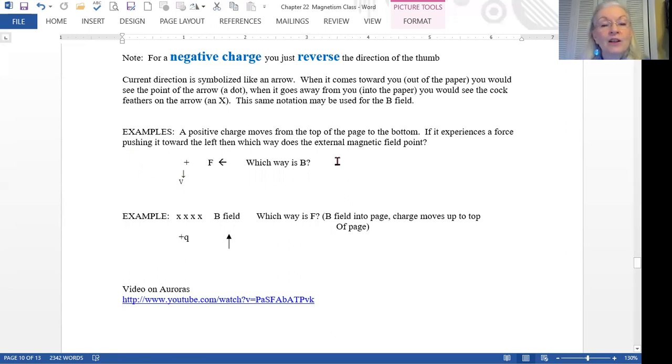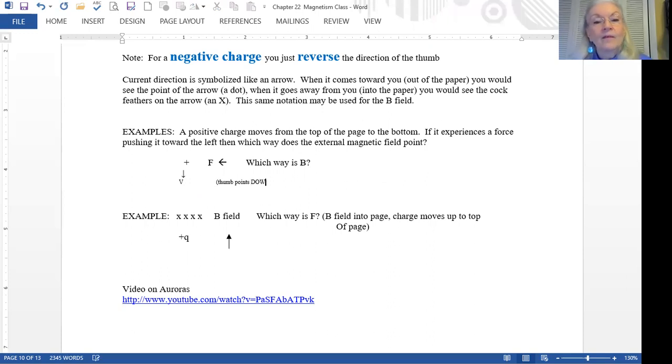So how would you figure this out? Your thumb would point in the direction of the velocity vector. So your thumb would go down. So maybe I can write all that out. So our thumb points down.